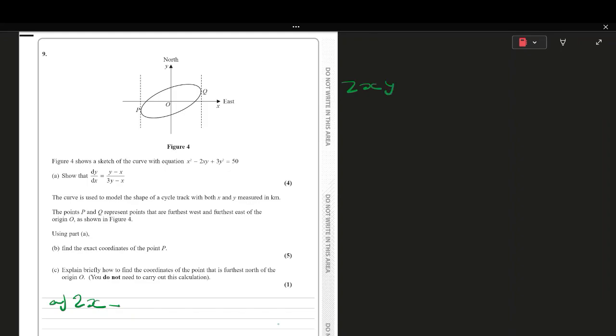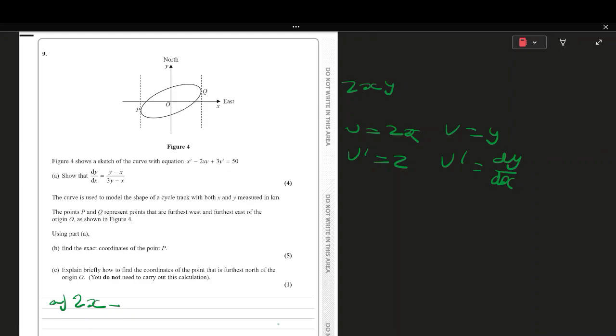So we need to use the product rule. So u is equal to 2x, u dash is equal to 2, v is equal to y, v dash is equal to dy by dx. And so when you differentiate y using this rule, you just get dy by dx.